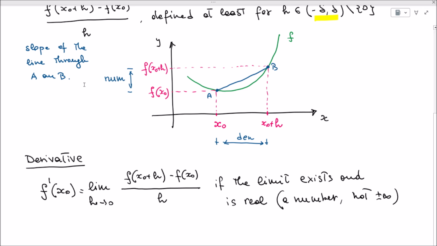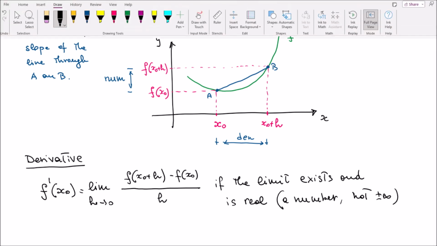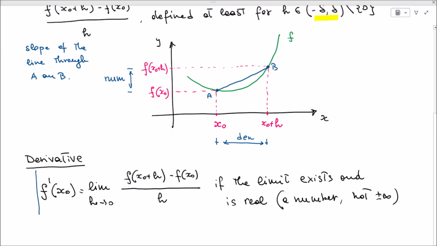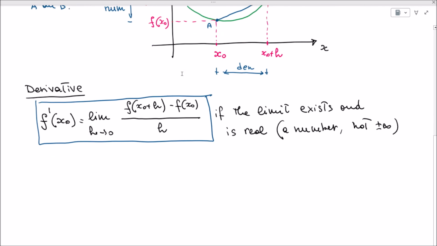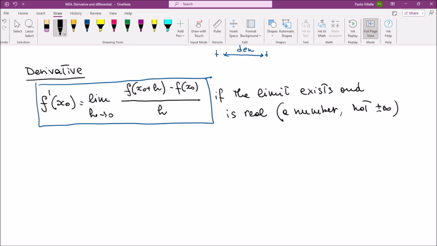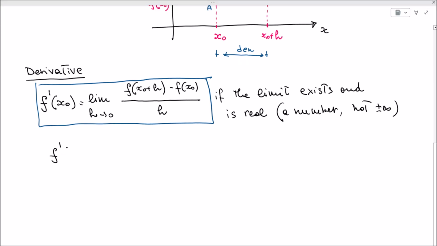Now, this is the definition of derivative of a function, but there are other notations, and we'll give these other notations here. So instead of f prime of x0, sometimes the derivative is also indicated as df divided by dx evaluated at the point x0, or capital D f at the point x0, or again f dot of x0.